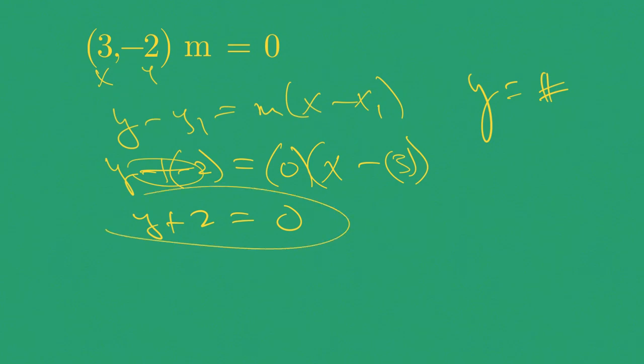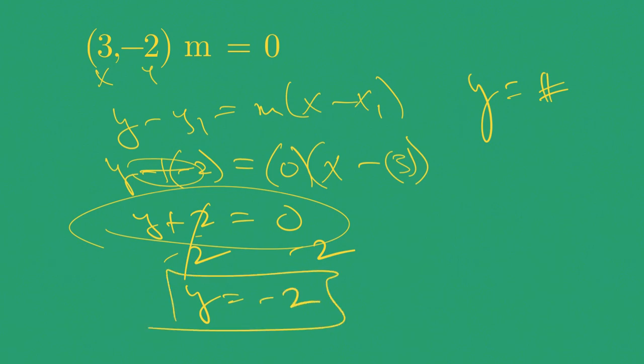If you want to get y by itself, what number needs to go to the right side? The 2 needs to go, and when it moves, it's going to become negative. Subtract 2 from both sides. 0 minus 2 is -2.